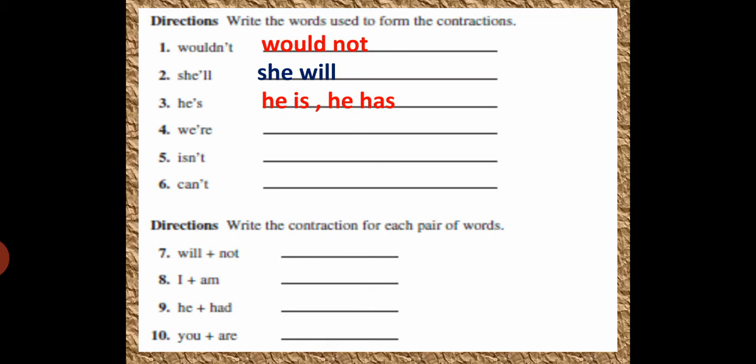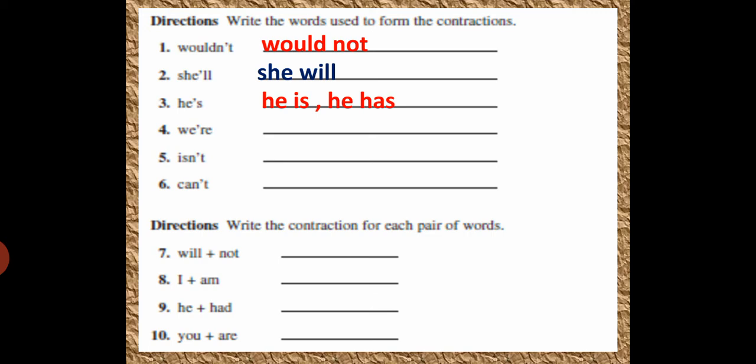But if a past participle follows apostrophe S, then apostrophe S is a contraction for has. For example, once I say he's playing, I have playing here, so apostrophe S here is the contraction for is. But what if I say he's played? Played is a past participle, so apostrophe S here is a contraction for has.